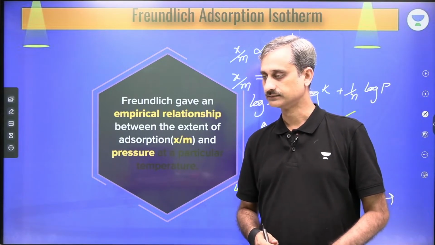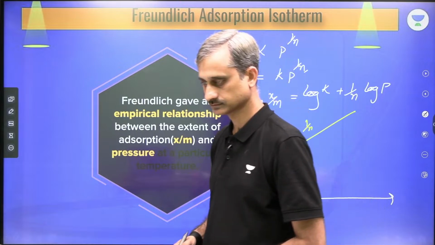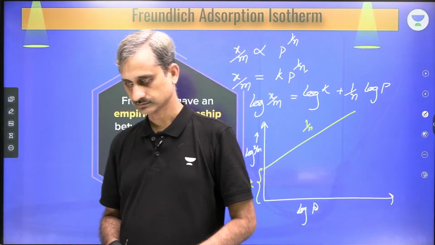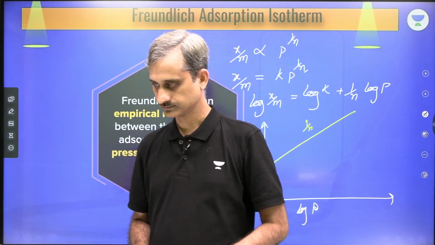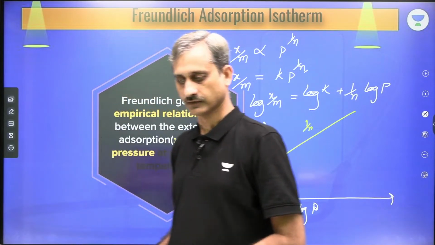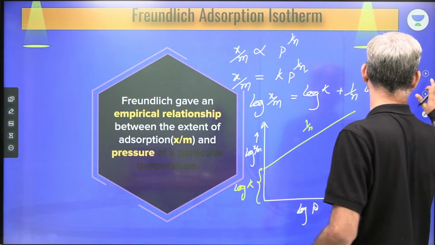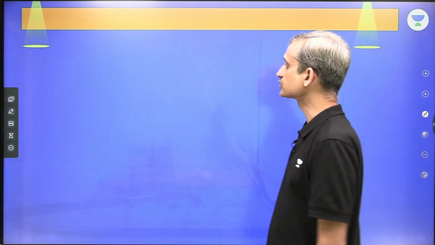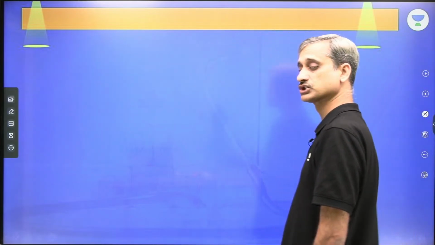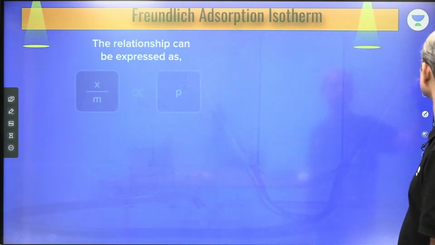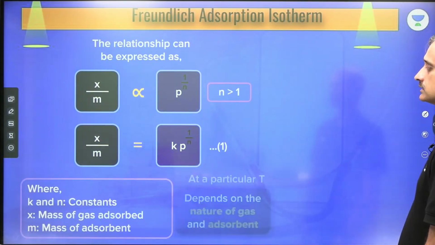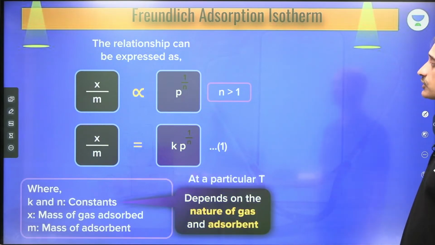Is this clear? Fine. So this is the Freundlich adsorption isotherm. This is how we express the relation.